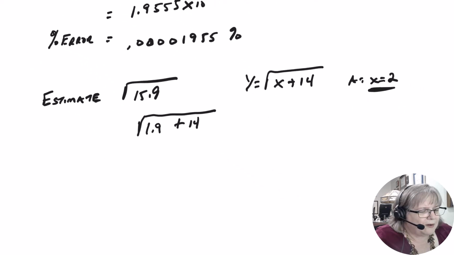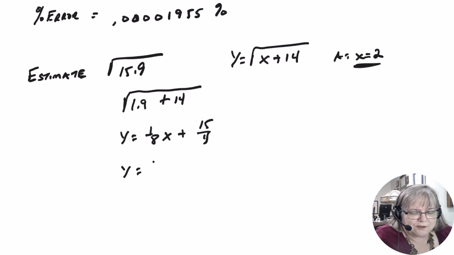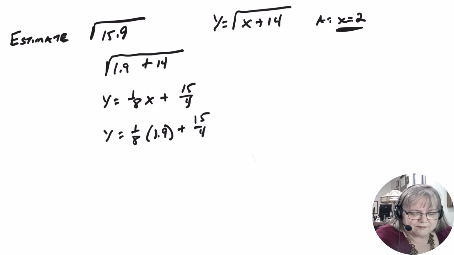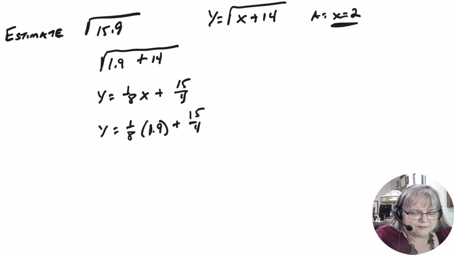So we had our equation where y is equal to 1/8 x plus 15/4. And this time we're going to use 1.9. So I got 3.9875.